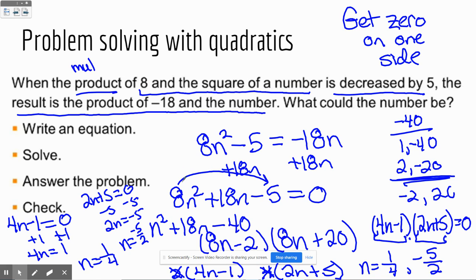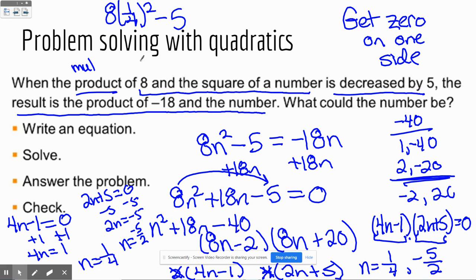Now, it seems kind of silly that those were the numbers I picked, but you should be able to check to see if it's right. Plug in 1/4. What's 8 times 1/4 squared minus 5? Well, in my calculator right now, I'm typing 8 times 1/4 squared. You will need to use parentheses around your 1/4, guys. Subtract 5, hit math 1 if you want, and I get -9/2.